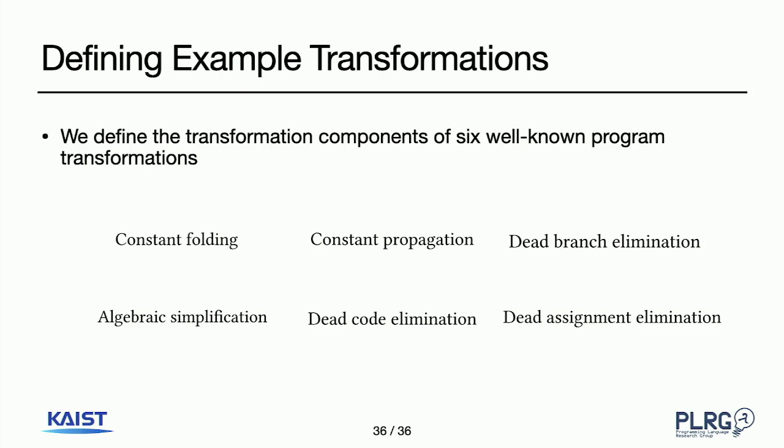For the inductive case, we prove it manually only for the data assignment elimination transformation. For all other 5 transformations, we use the properties of the transformation to show the inductive case using theorems.